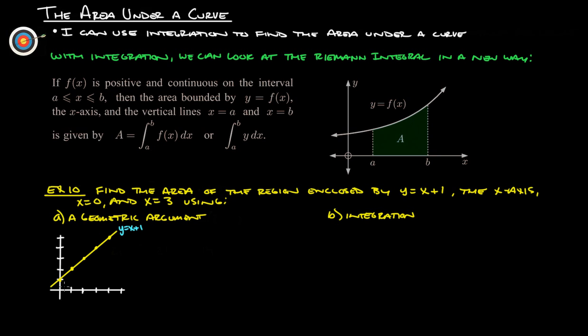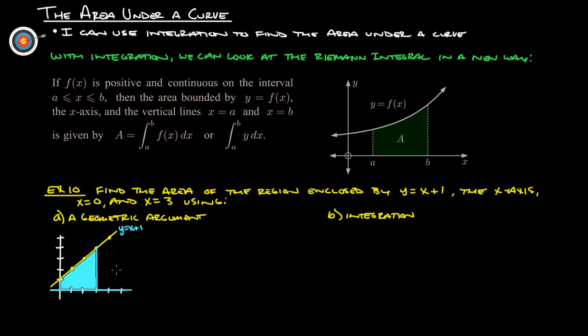And here's where we've got x equals 0, 1, 2, 3. Here's where x equals 3, and then we also have the x-axis here. So basically they're saying we want to find this area right in here. So we're looking for that.